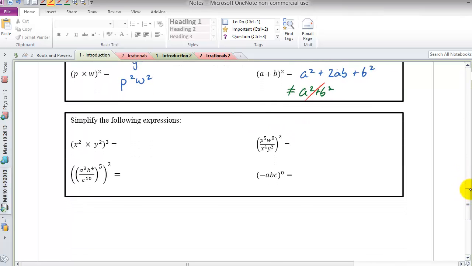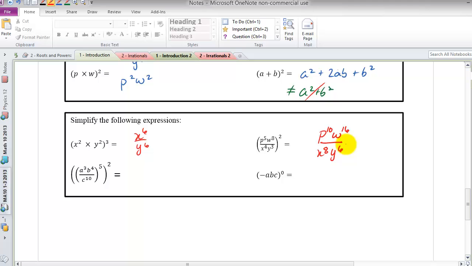Alright, finally, simplify the following expressions. So this one will apply x to the power 6 divided by y to the power 6. This one: p to the power 5 times 2 is 10, w to the power 8 times 2 is 16, x to the power 4 times 2 is 8, and y to the power 3 times 2 is 6.